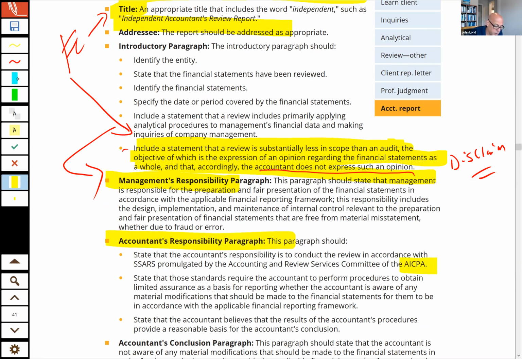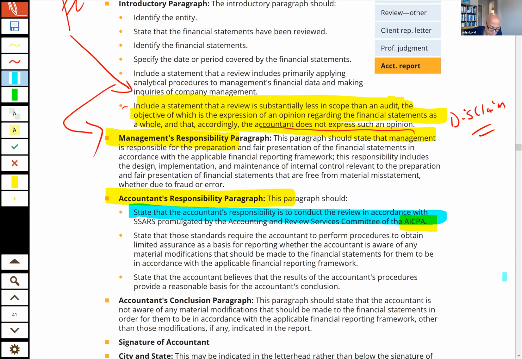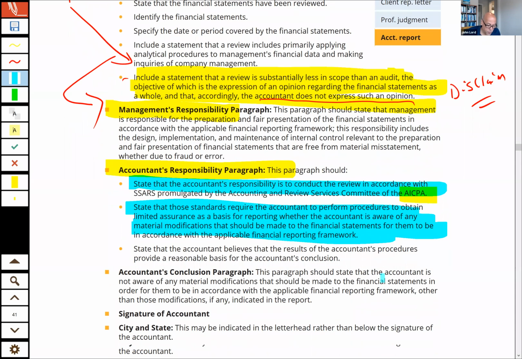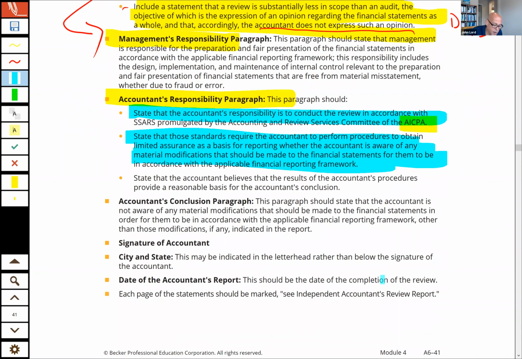Make sure you let the examiners know that they're in charge, okay, the AICPA standards, because they like to ask that question, and state that the purpose is for us to do what? To determine if there are material modifications that should be made for the financial statements to be in accordance with the applicable framework. And then they call it a conclusion paragraph.